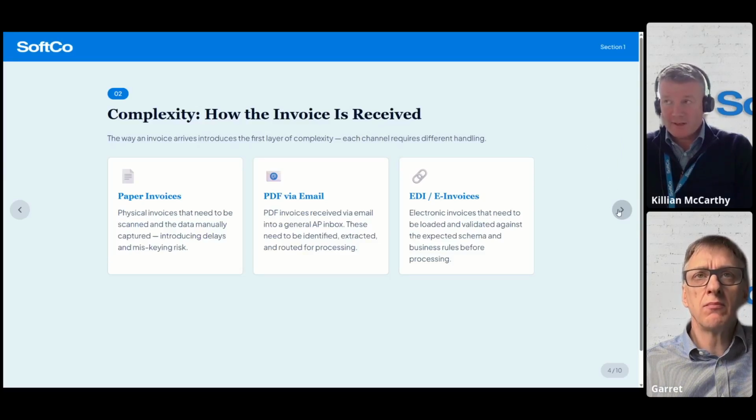There's an awful lot of manual steps that can be removed, and you can give an awful lot of comfort to the AP team that you're processing the correct document with technology and that you're not going down a rabbit hole looking at a fraudulent invoice. So absolutely get the inbound process correct, and give yourself the best chance of processing these in the most efficient way, and there are tools to help you with that.